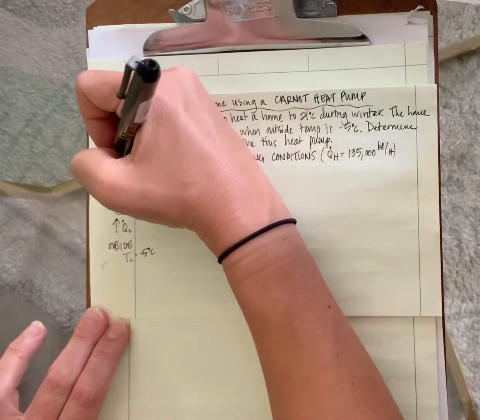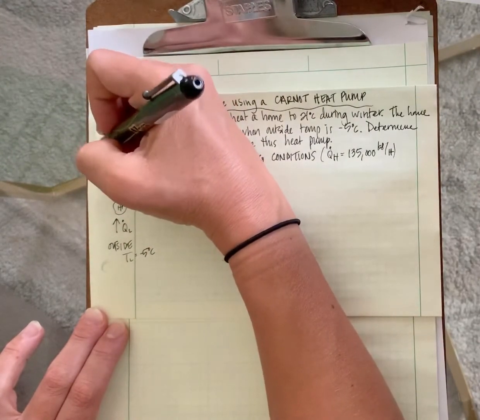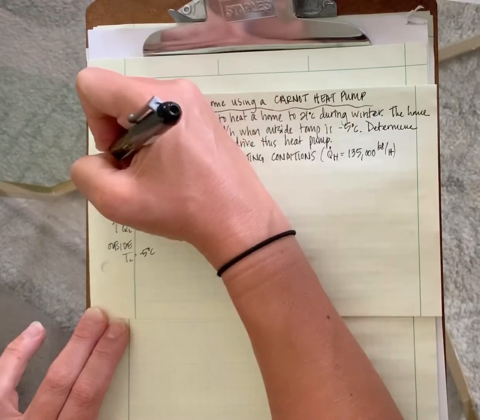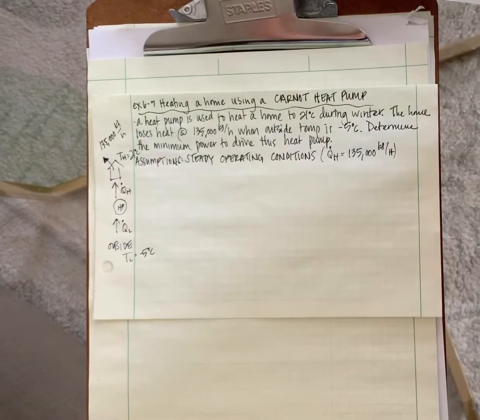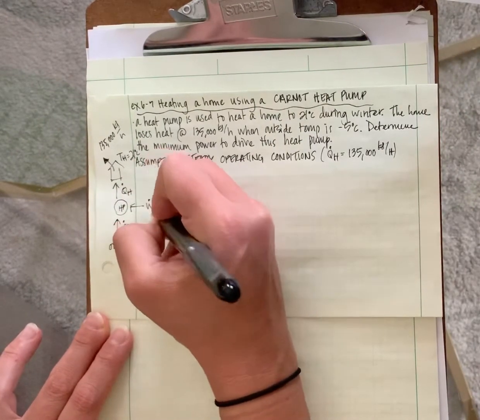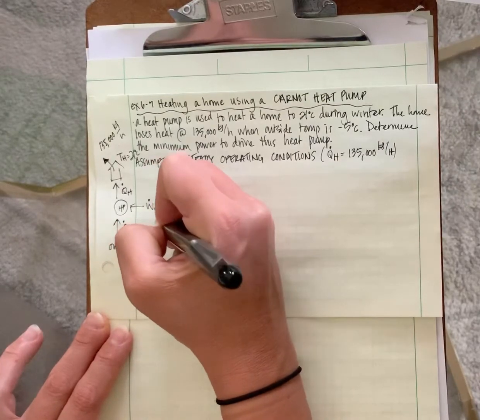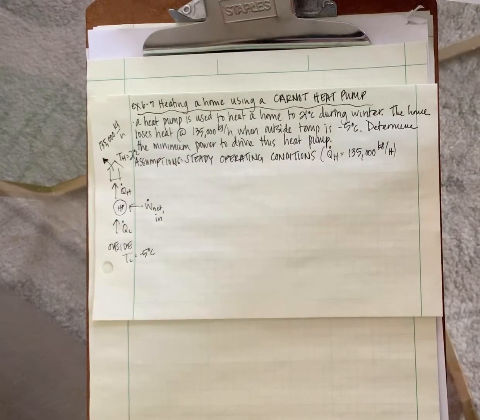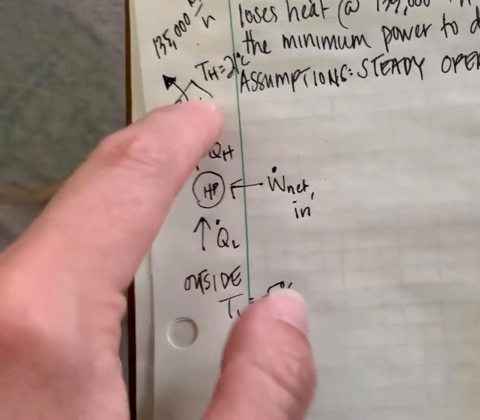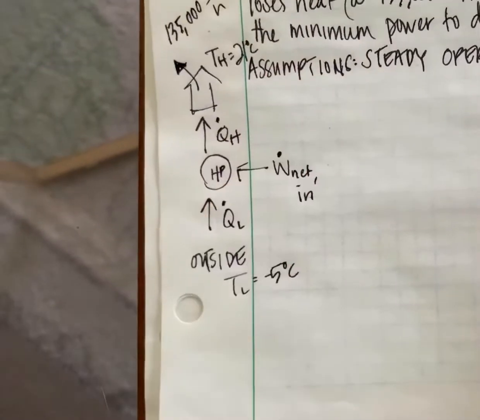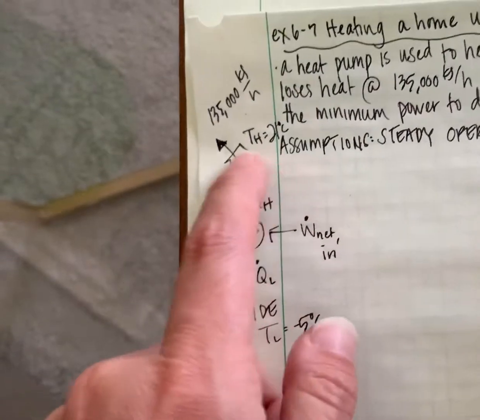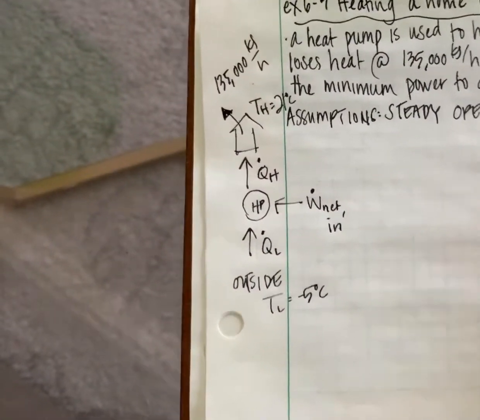The house is losing heat at a rate of 135,000 kilojoules per hour, and we're trying to figure out our minimum work net in. Sorry, it's kind of small. The heat pump is heating up the house at 21 degrees Celsius, outside is -5 degrees, we're putting power into the heat pump, and the house is losing heat at this rate.